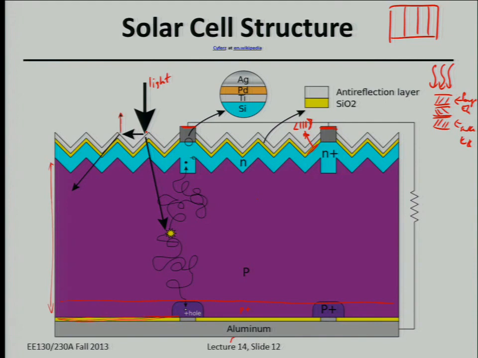Depending on the wavelength of light, it can take more than a micron for a photon, on average, to create an electron hole pair. So the intensity of light is going to be an exponentially decaying function with distance, but the characteristic length over which it decays depends quite strongly on the wavelength of the light.